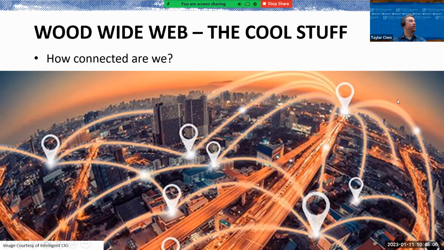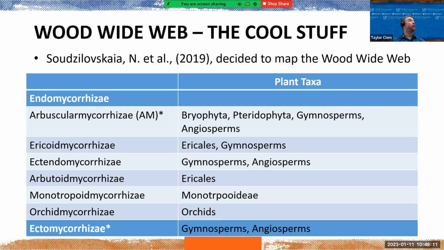So how connected are we? Back in 2019, not too long ago, a whole team of researchers from all over the world decided, hey, how connected are our mycorrhizal networks? They mapped our global mycorrhizal networks based off of plant taxa.